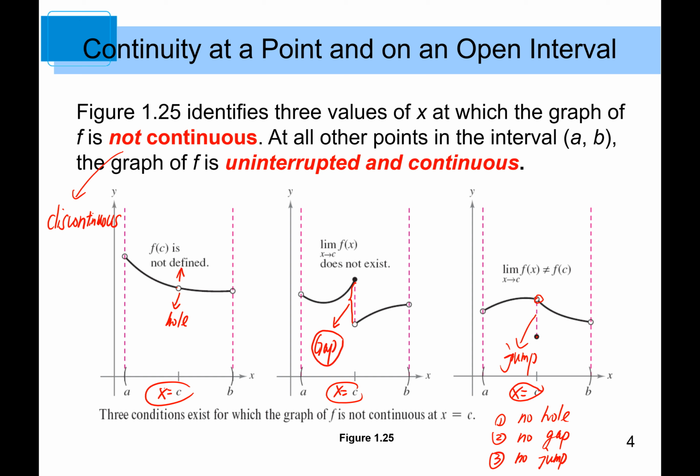And this is a very typical example for all three different scenarios. In this case, other than x equals c, in an interval (a, b), the graph of f is continuous and uninterrupted.